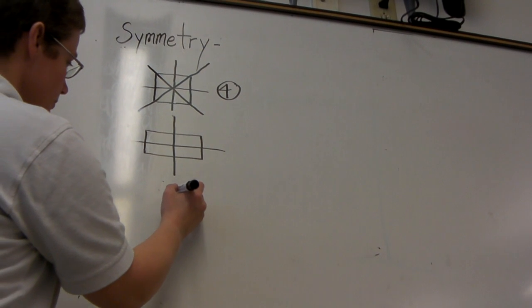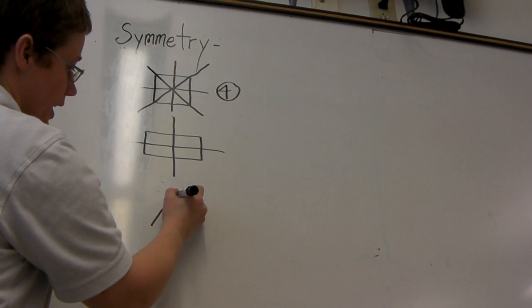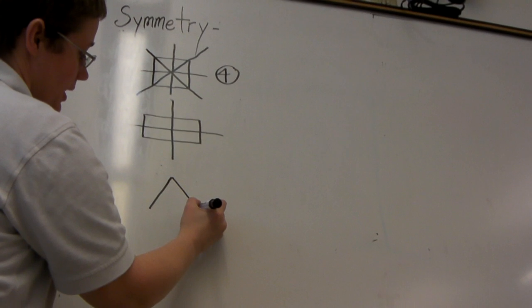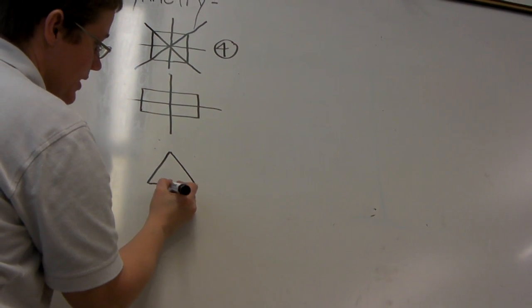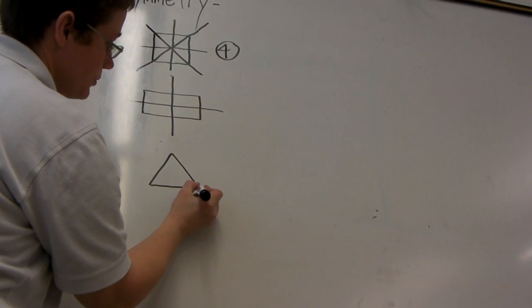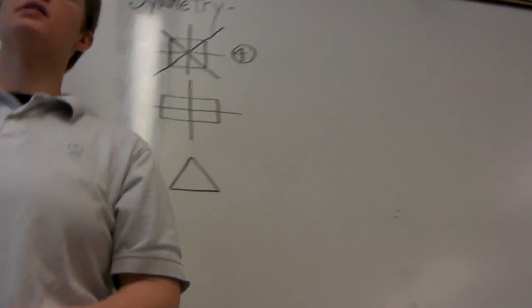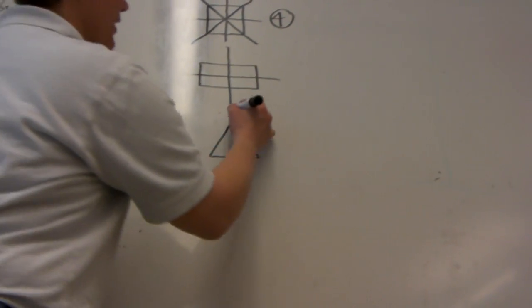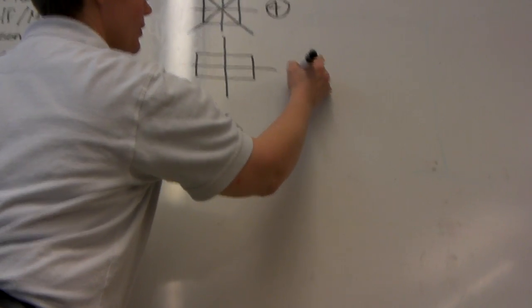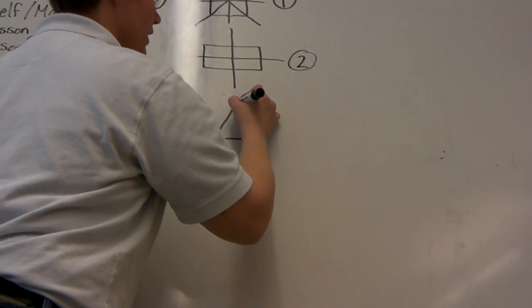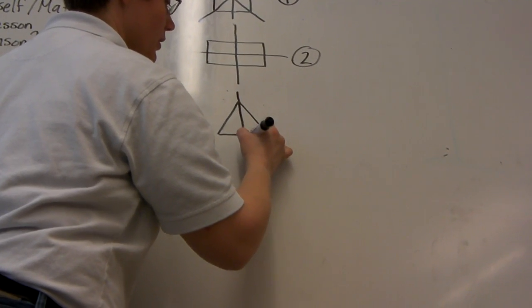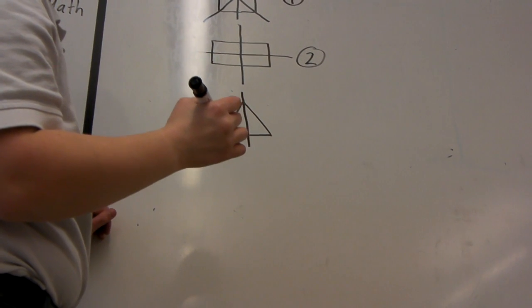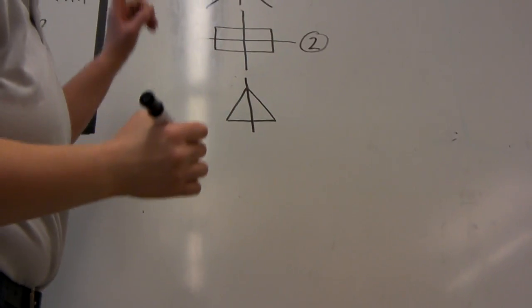How about an equilateral triangle? How many lines of symmetry is this going to have? Let's say all these sides are equal. Show me with your fingers. Interesting. I bet you're telling me 1, so you're seeing this one, aren't you? Give me a yes or a no. Watch.